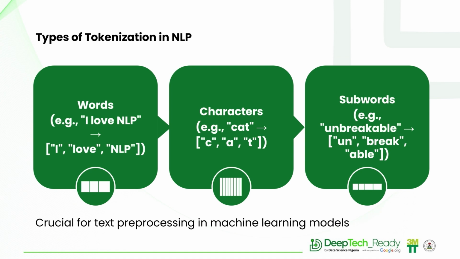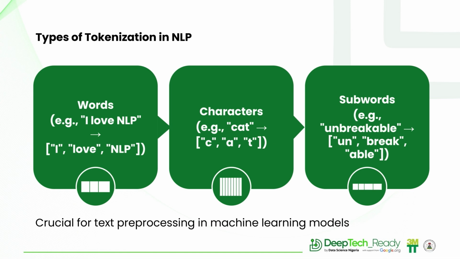The word level tokenizer, as you can see here, tokenizes the given text at word level. For example, we have "I love NLP." Here it is tokenized into "I", "love", "NLP", treating every word as a separate token. For the character level, it treats every character as a token.